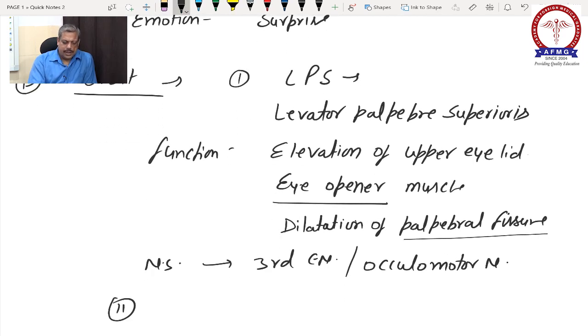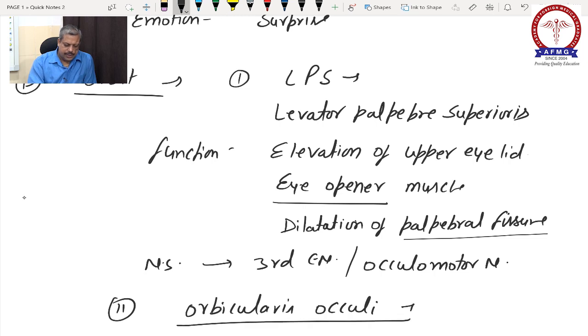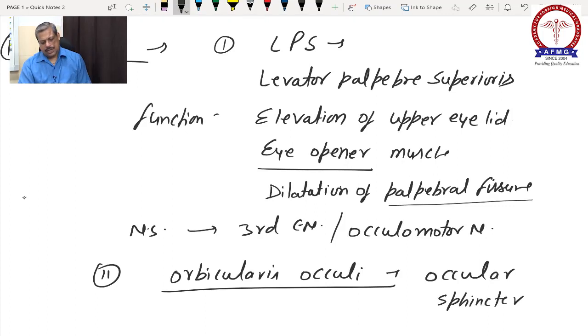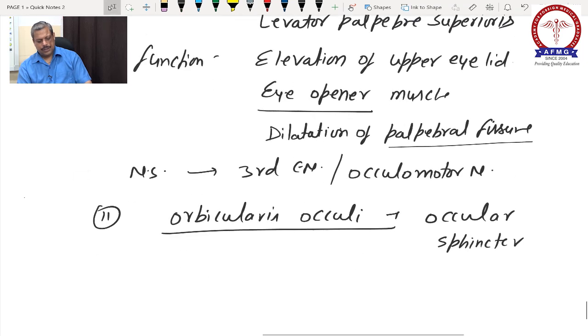The second muscle around the orbit is orbicularis oculi. This muscle is known as the ocular sphincter.